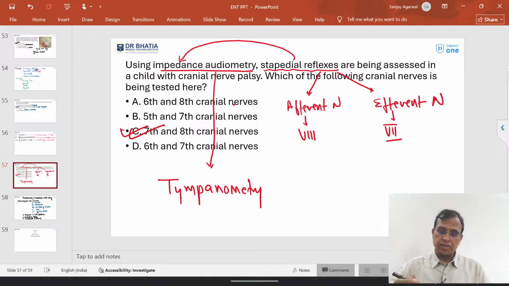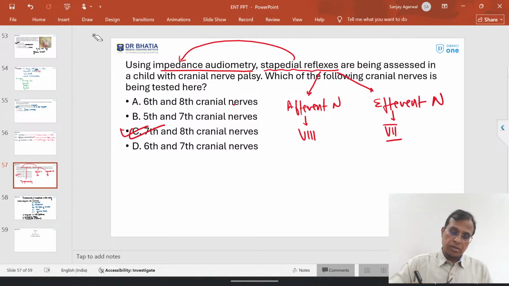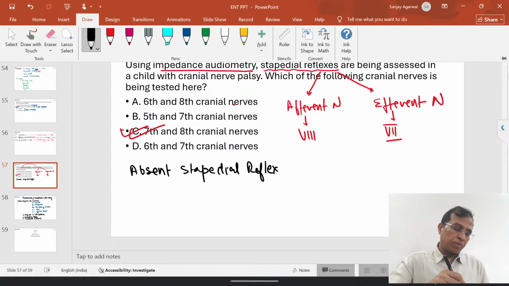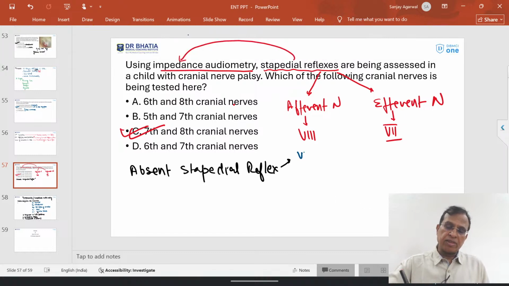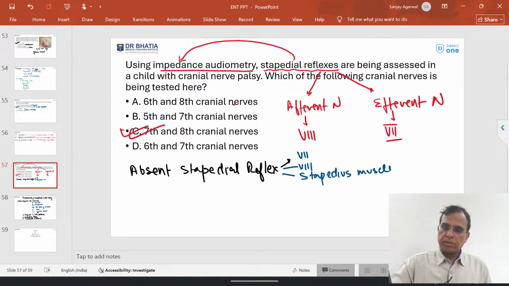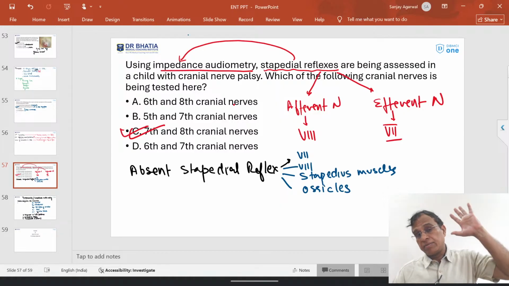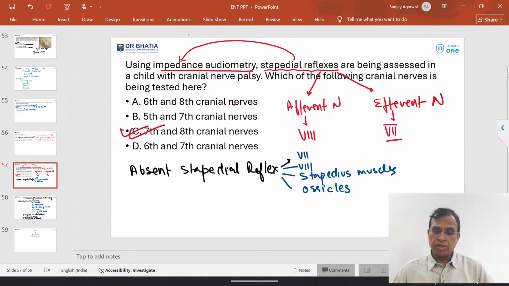about stapedial reflex, if it is absent stapedial reflex, ये कब होता है? मेनली प्रॉब्लम आइदर 7th नर्व की प्रॉब्लम है, या 8th नर्व की प्रॉब्लम है, या स्टेपिडियस मसल की प्रॉब्लम है, या ऑसिकल्स की प्रॉब्लम है. मेनली इसके अलावा भी है, बट दीज आर द मेन 4 थिंग्स the disease of which can lead to absent stapedial reflex.